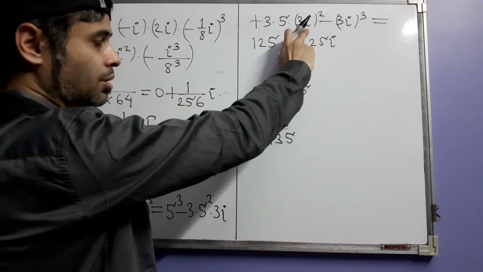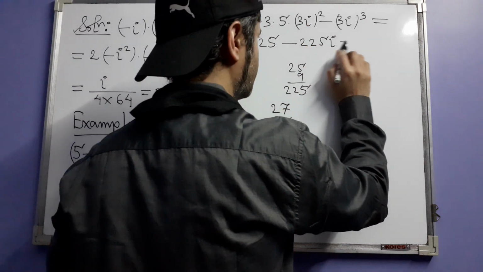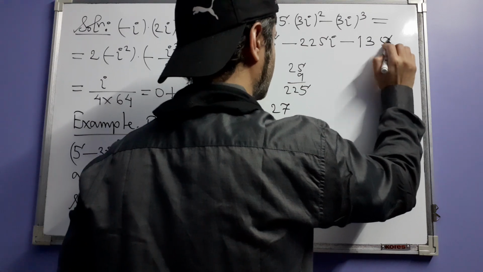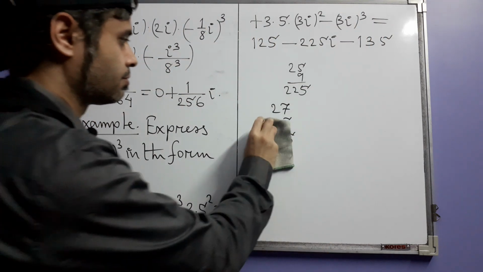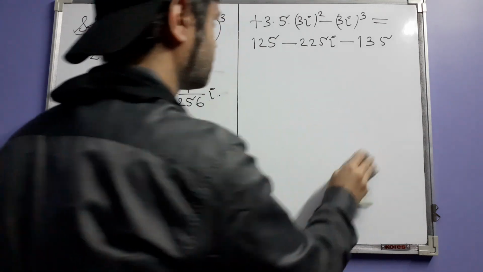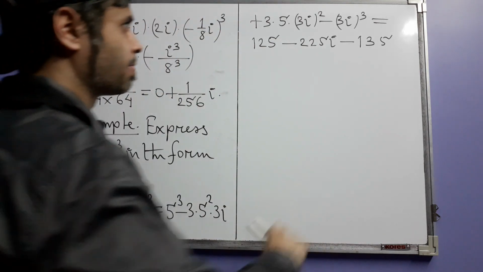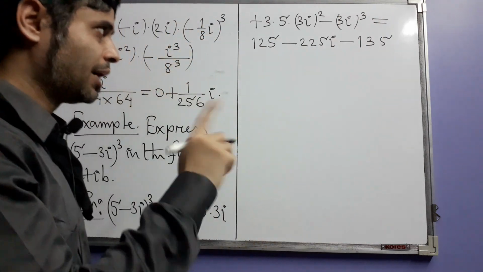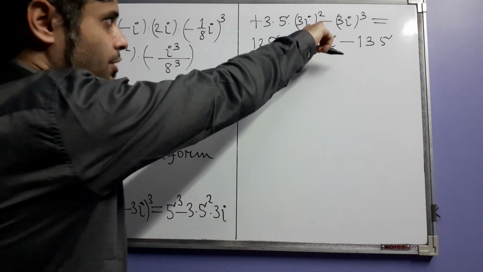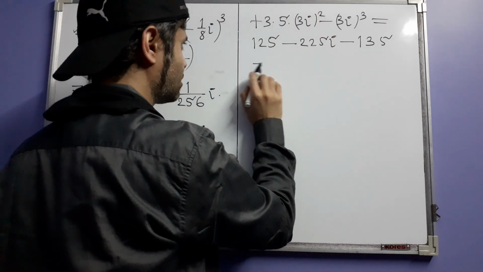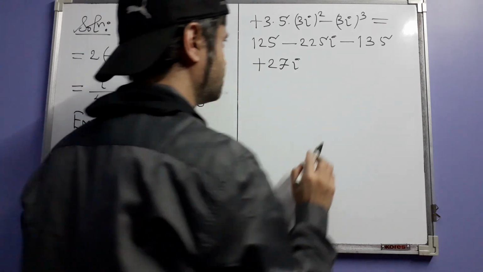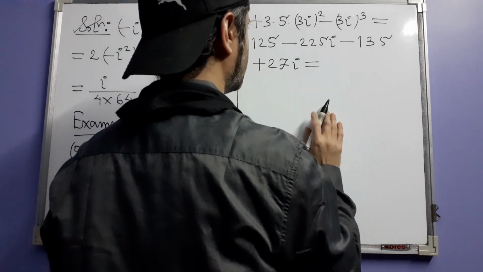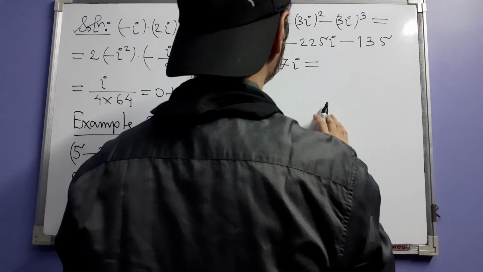(135), and there will be i squared, so minus 135. And finally, i cubed will be minus i, and we already have a minus, so plus i and 27i. So what are we getting?